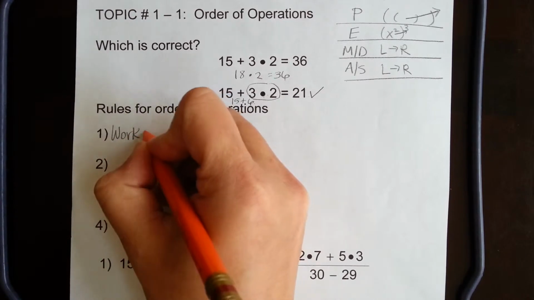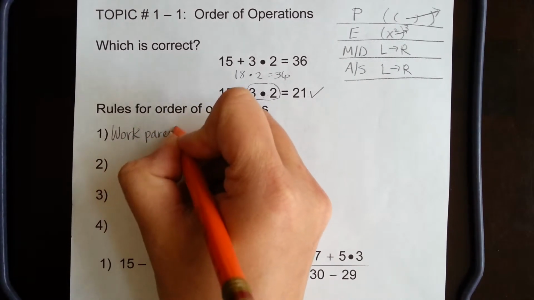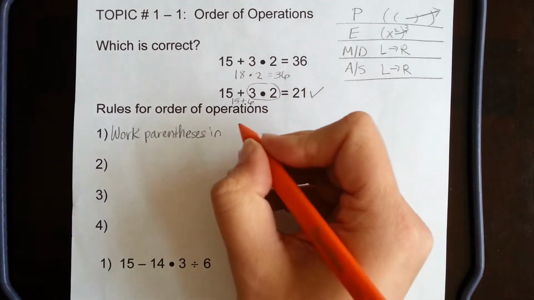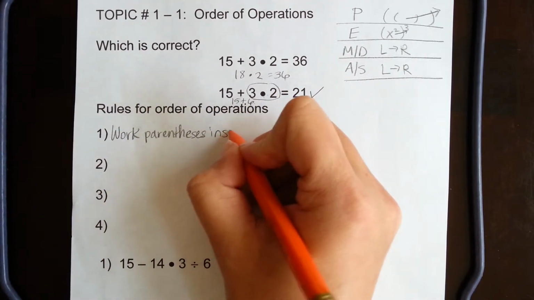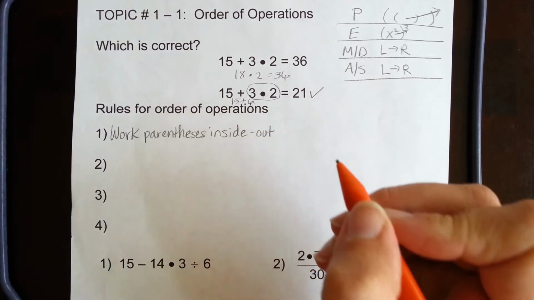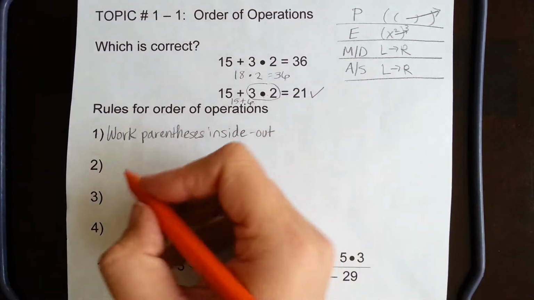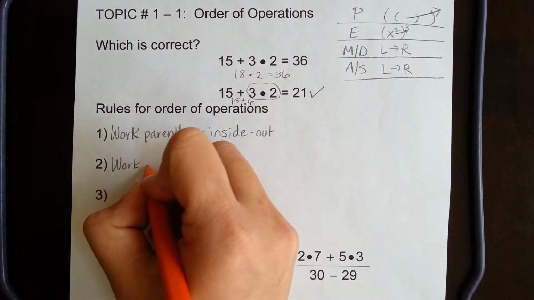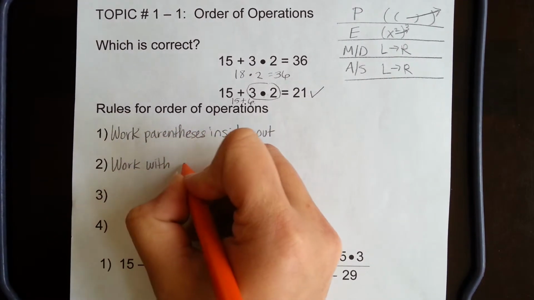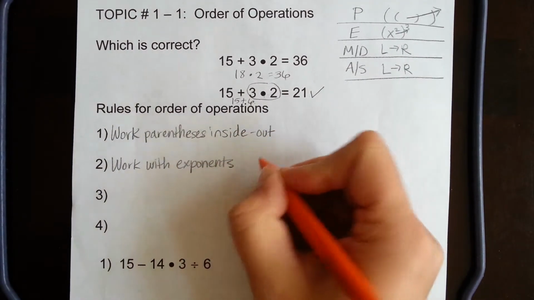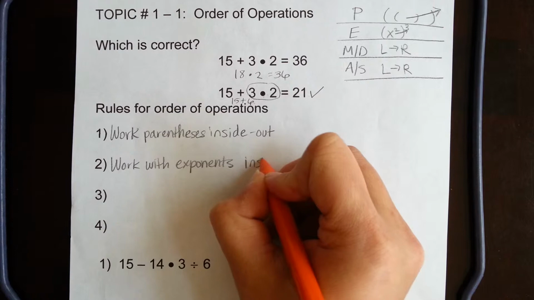We're going to work parentheses inside out, and they would come first. Next we would work with exponents, and we would also work those inside out.